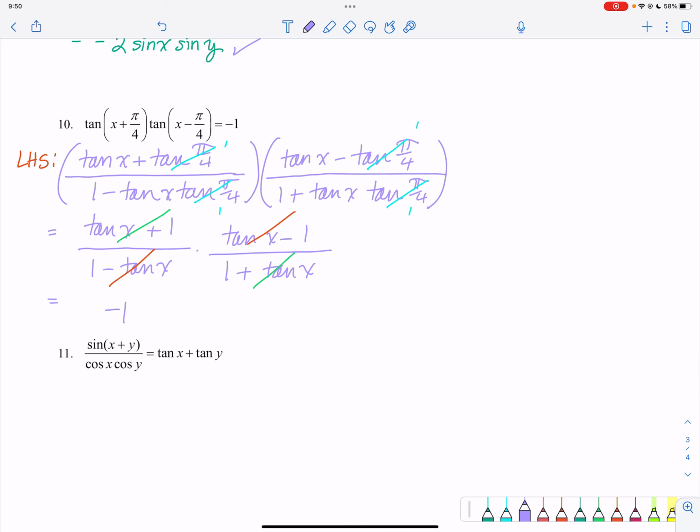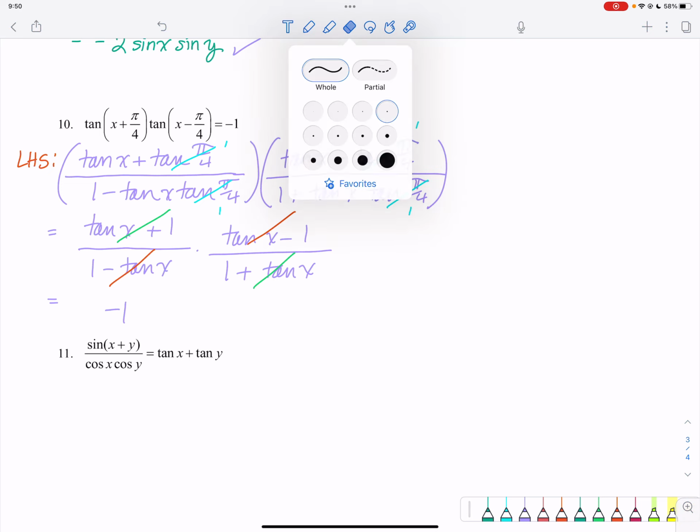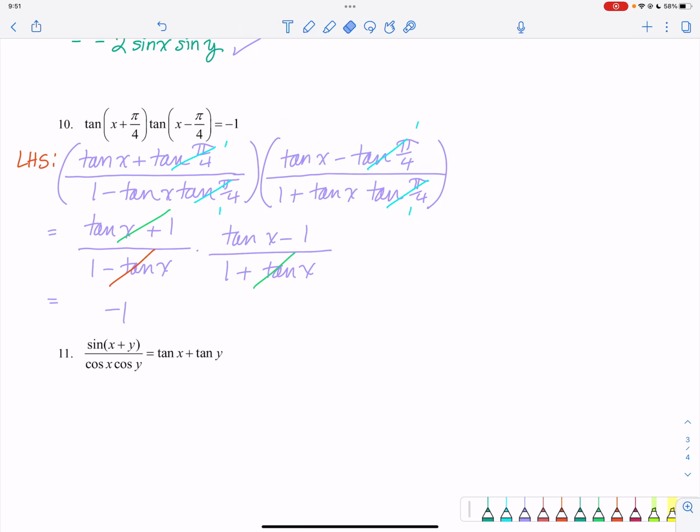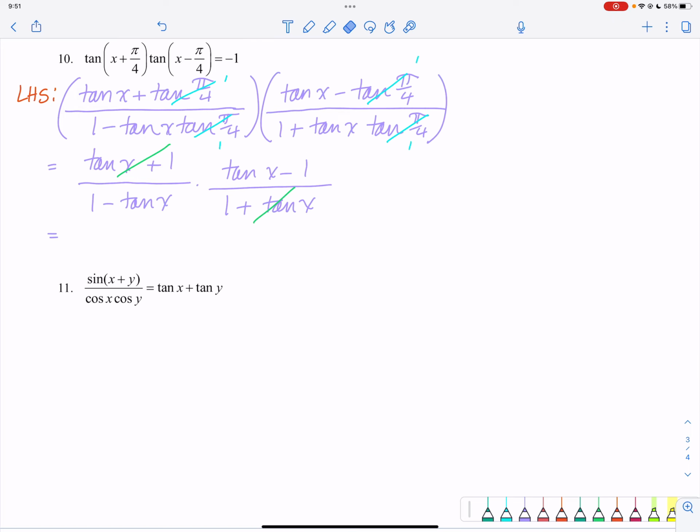Actually, before we do that, why don't I show you this? Let's keep this just like this, because that's something we want you to be able to see. That numerator is the opposite of 1 minus the tangent. Why don't I write it to the right?